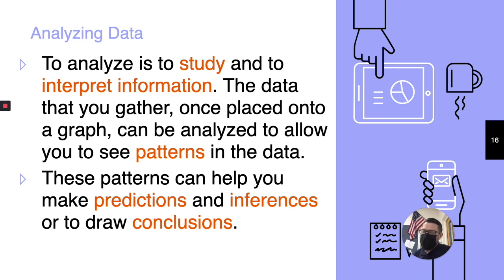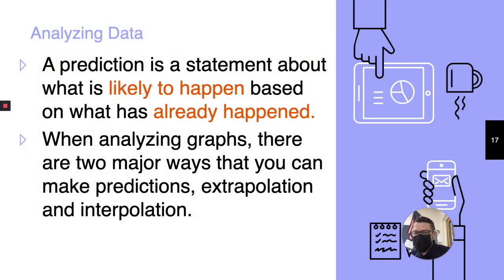And also to draw conclusions. So a lot of times people look at these words, prediction, inference, and say, oh, well, these are the same things. But scientifically, they mean specific kinds of interpretations. So a prediction is where you make a statement of what is likely to happen based on what has already happened.